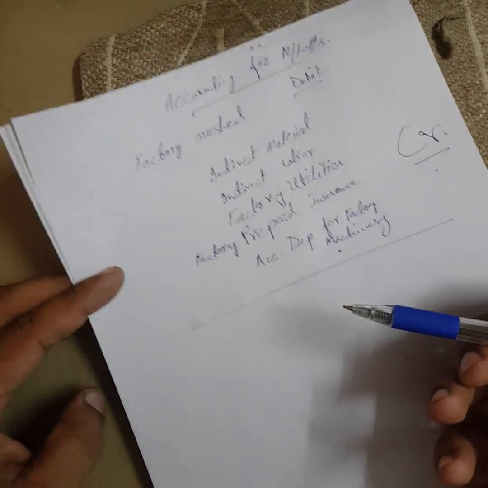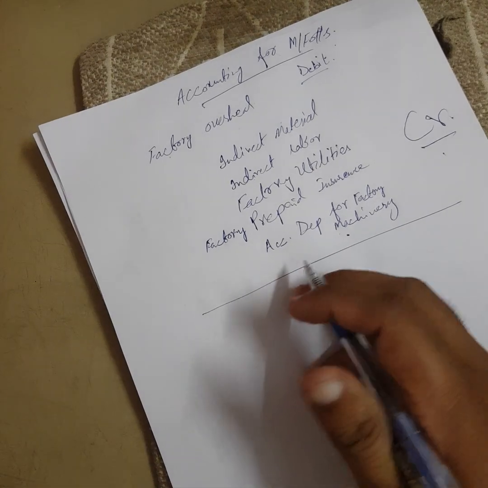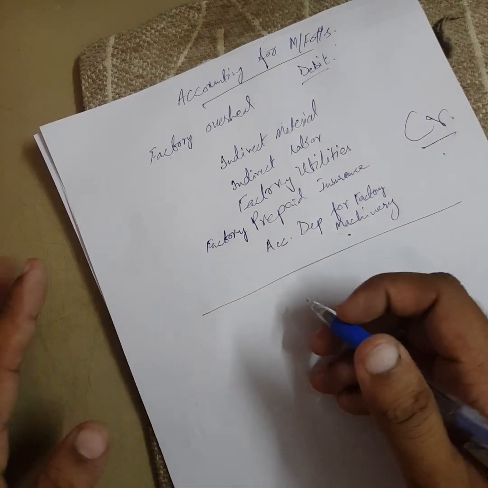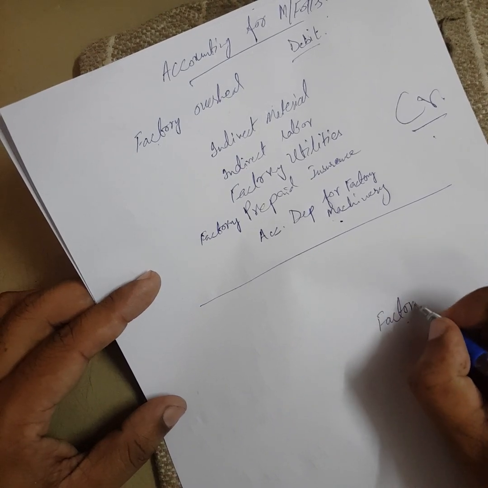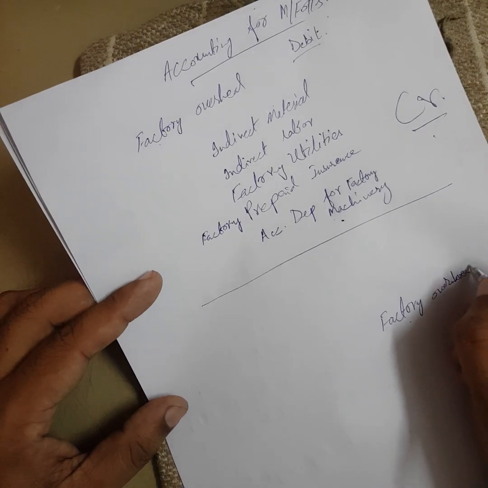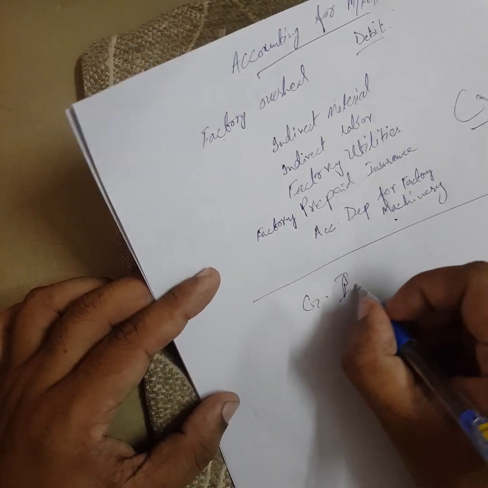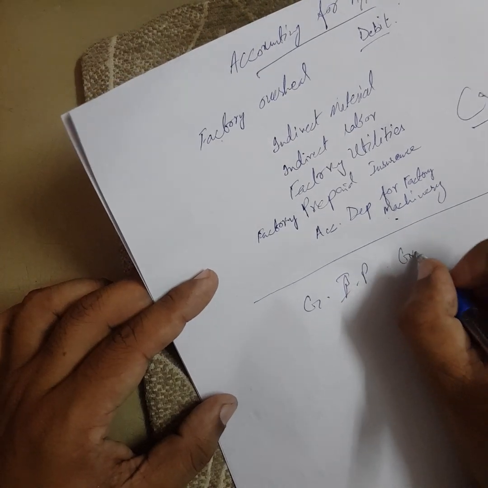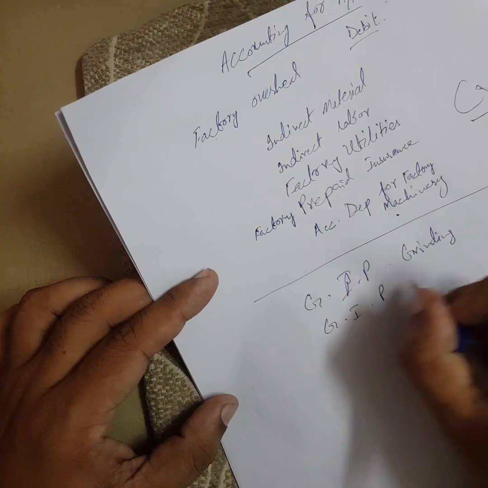Now to deal with this, how we will transfer this to goods in process inventory, the procedure will be the same. Factory overhead credit, and on the debit side we will write goods in process grinding, goods in process mixing.